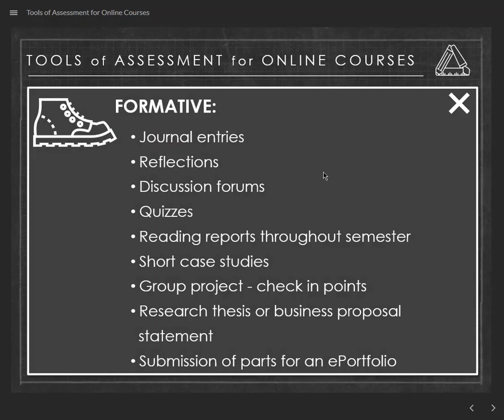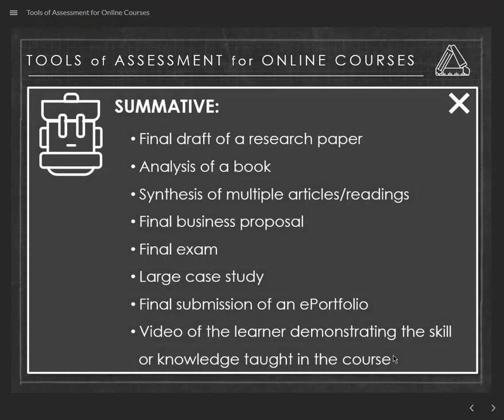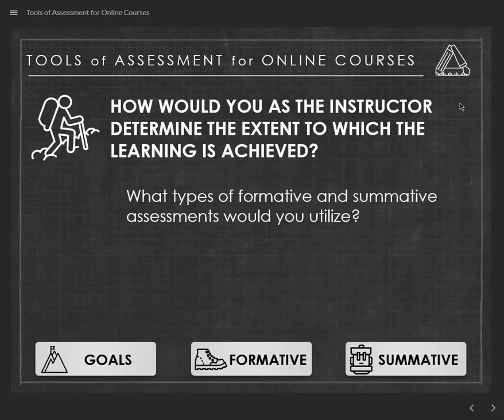So for formative, these are some of our options: having them submit things in parts along the way, check-in points, things like that. And then for summative, this was our big list which you all identified, one of them being the video of the learner demonstrating the skill or knowledge taught in the course. So I think that's excellent.